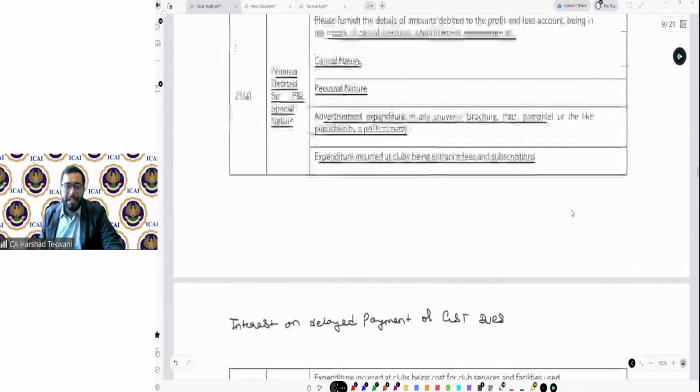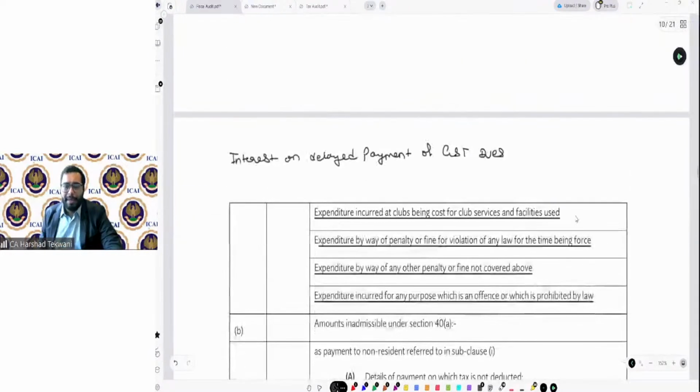It is an expenditure debited to profit and loss account, being penalty or fine or any other penalty or fine not covered above, or for any purpose which is an offense or prohibited by law. So whether that will be covered here or not.